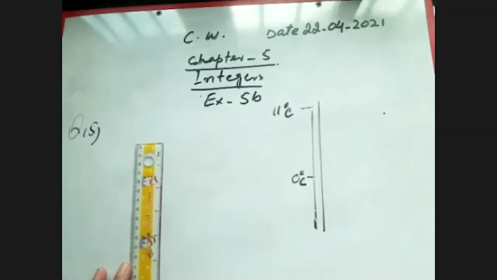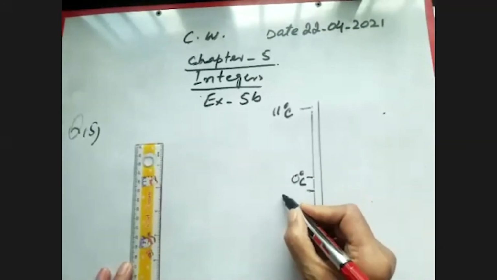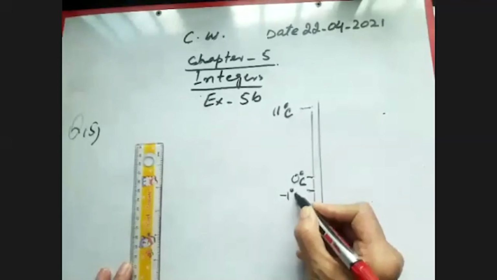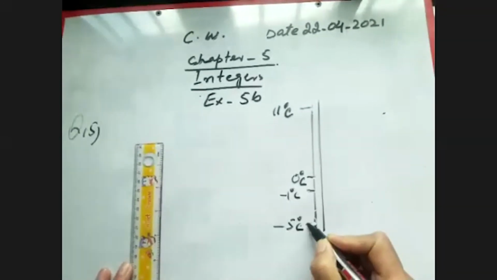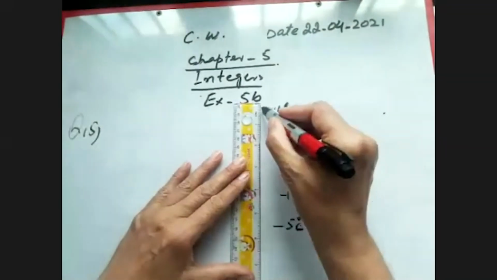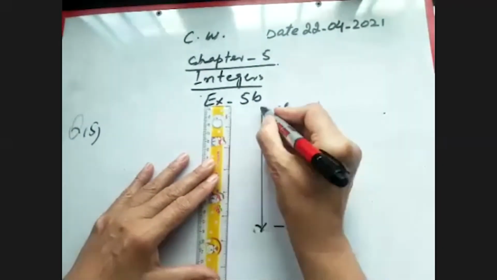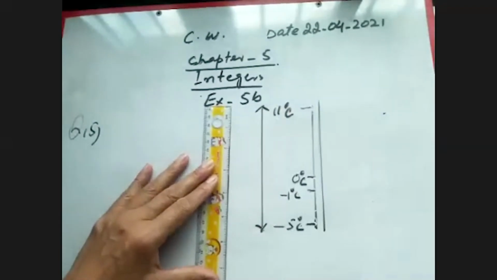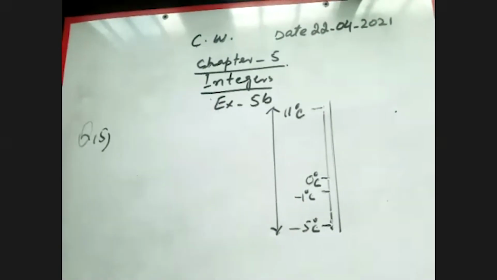Then at midnight, the temperature fell to 5 degrees below zero, dropping to minus 5 degrees centigrade. So you have to find out the total change, from minus 5 to 11 degrees centigrade. You can draw the figure for your convenience.